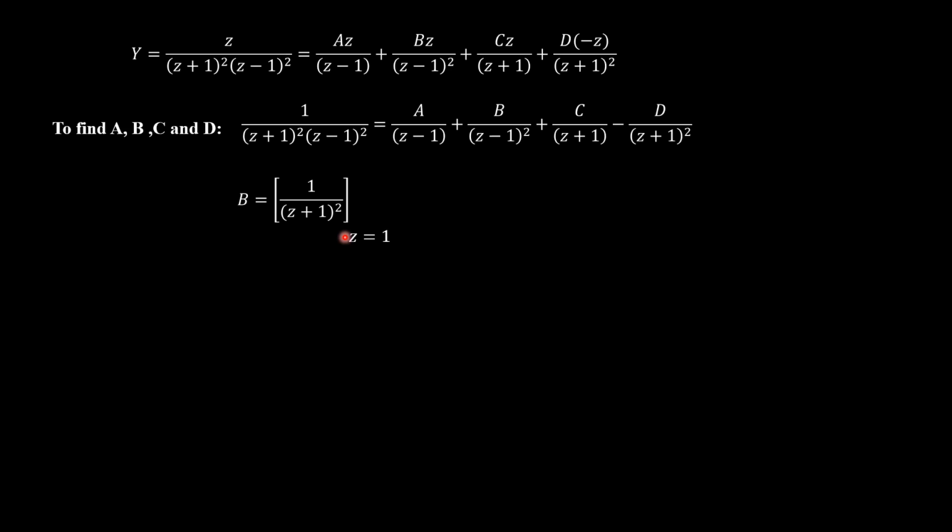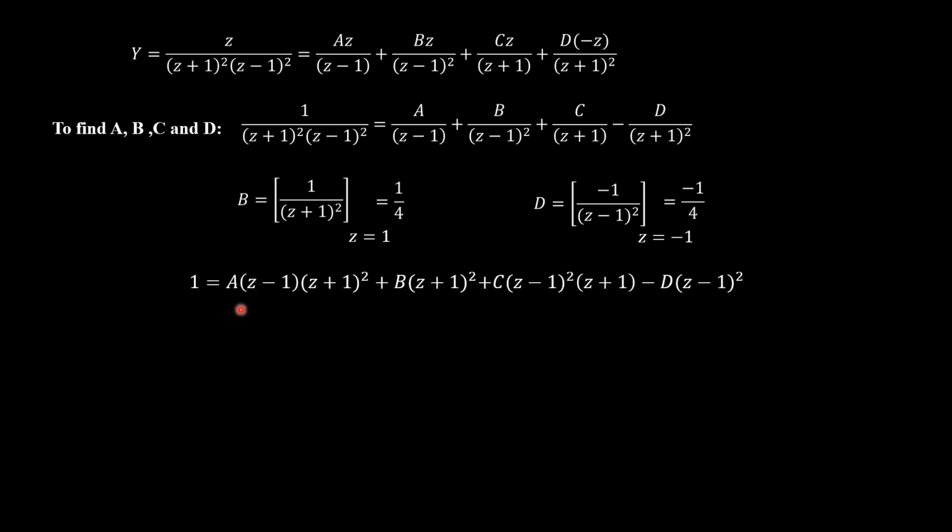By substituting z = 1, we get b = 1/4, and d = −1/(z−1)², and by substituting z = −1, we get d = −1/4.